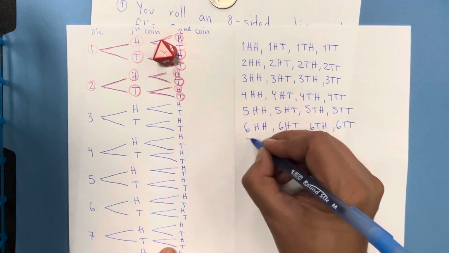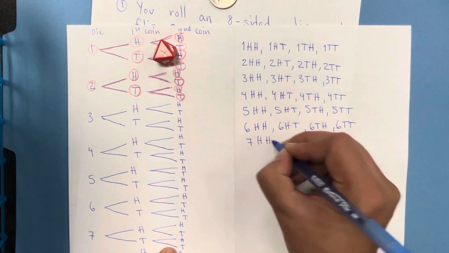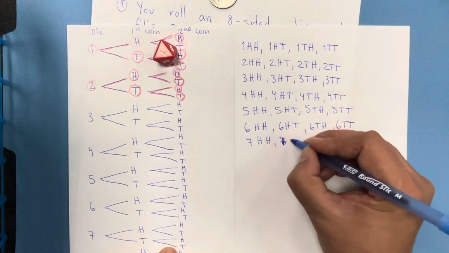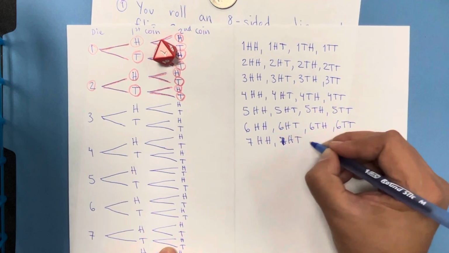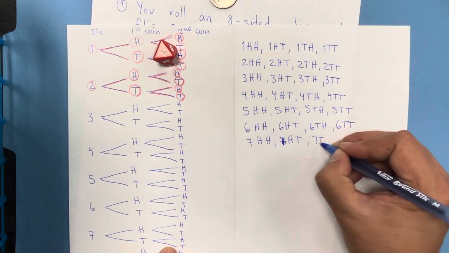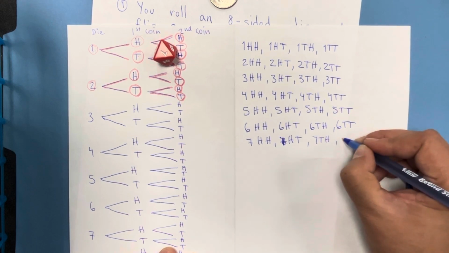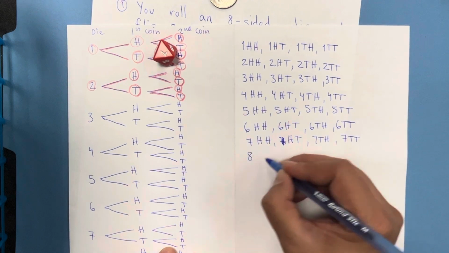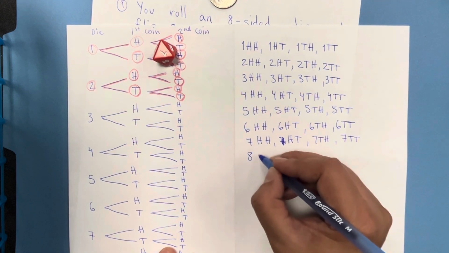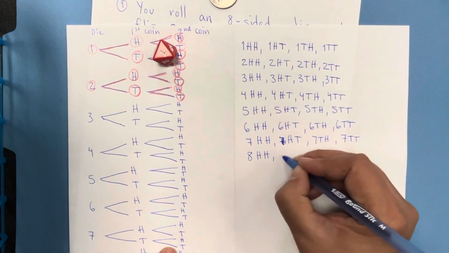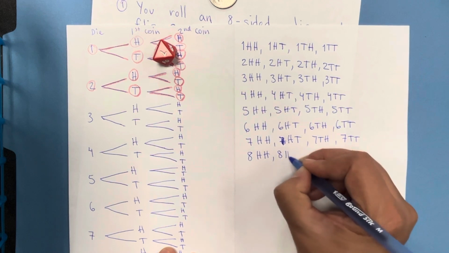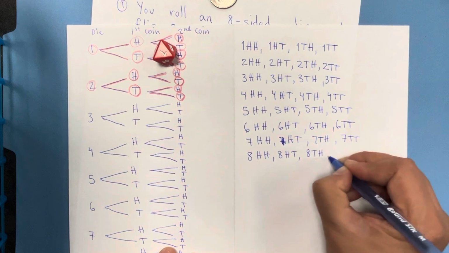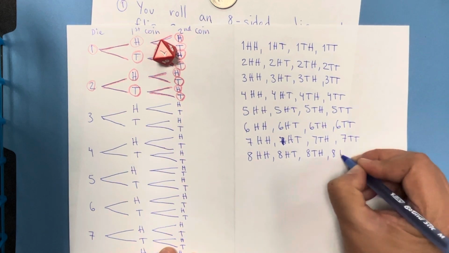Then the next one is 7. The same is going to be for, see, I'm copying the number as well. 7 heads, tails, 7 tails, heads, 7 tails, tails. And the last one is 8 heads, heads, 8 heads, tails, 8 tails, heads, and 8 tails, tails.